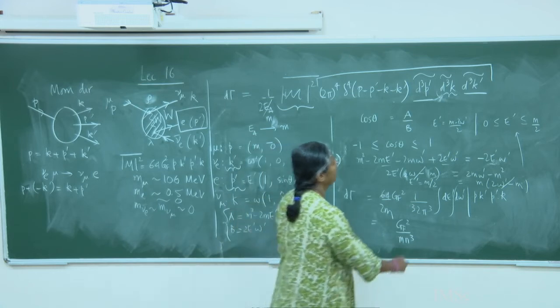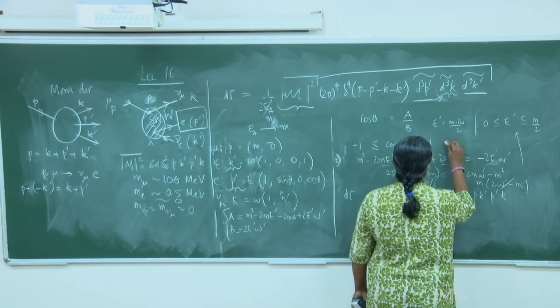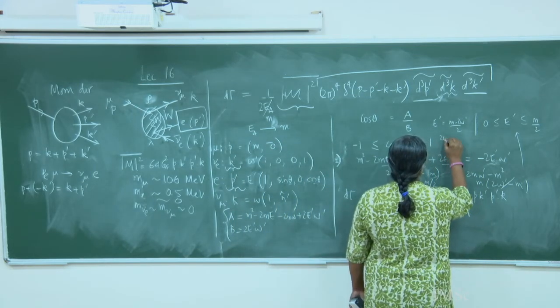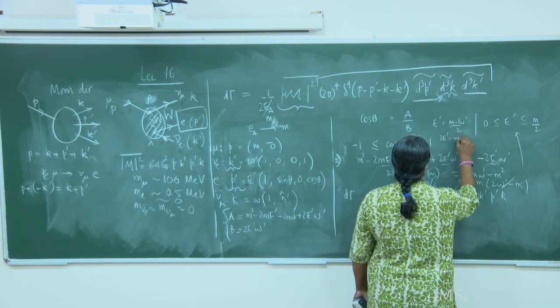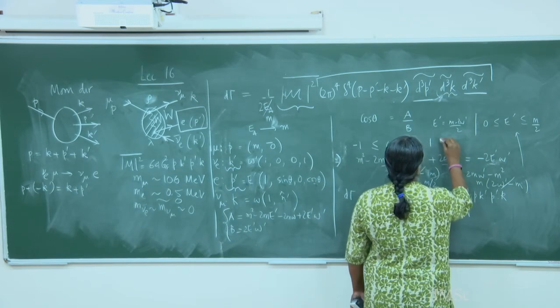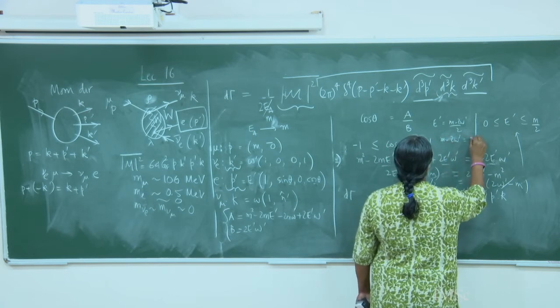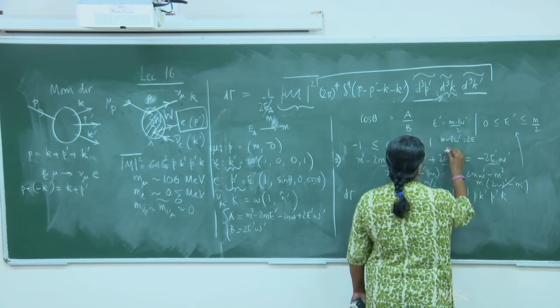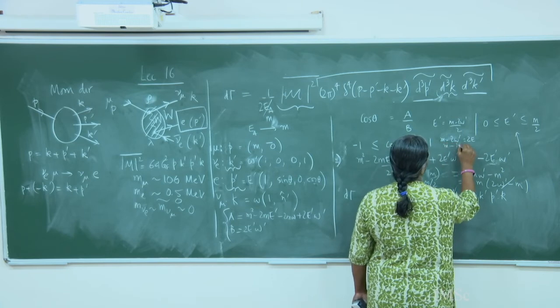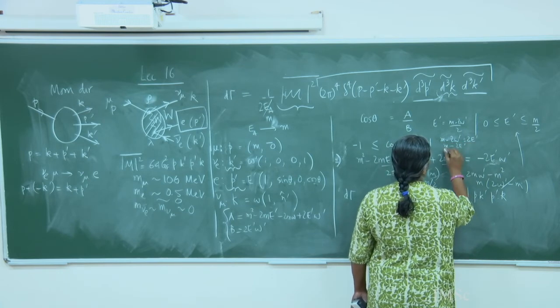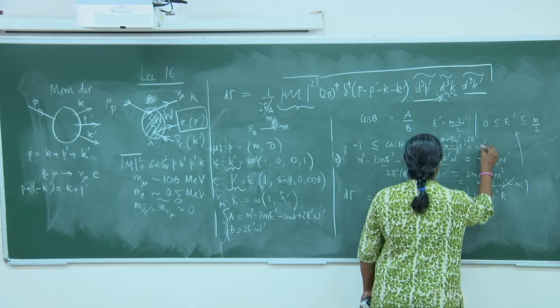So this I will then invert to find, the other way around, m minus 2 omega prime is equal to 2E. So m minus 2 E prime by 2 is equal to omega prime.